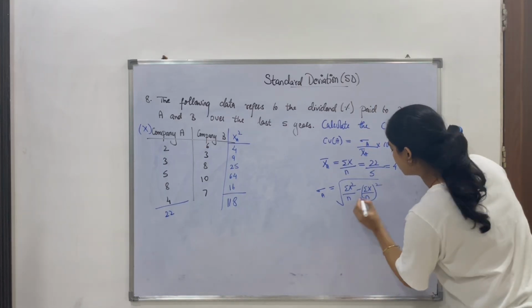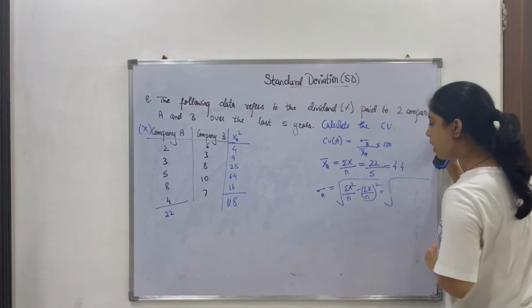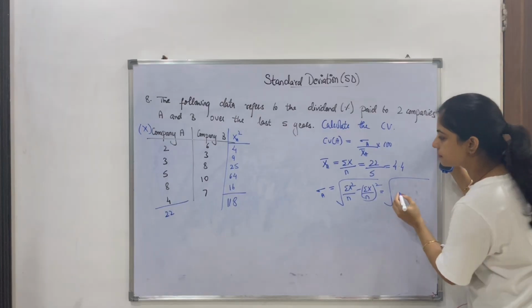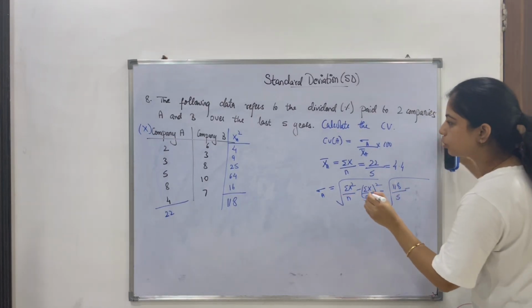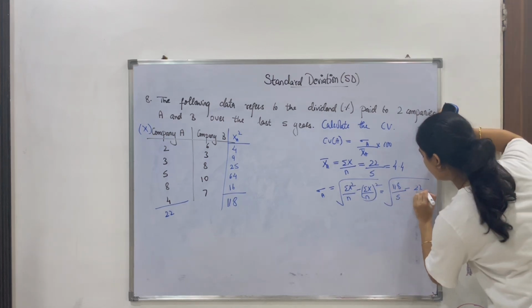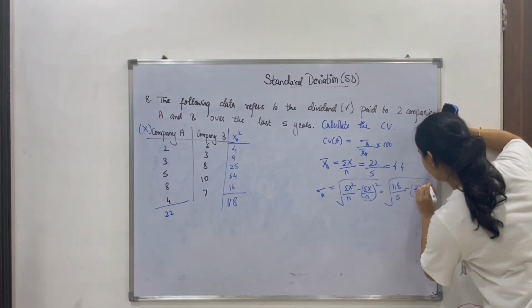Let's substitute this back in the formula, which is 118 upon 5 minus total of x was 22 upon 5 the whole square.